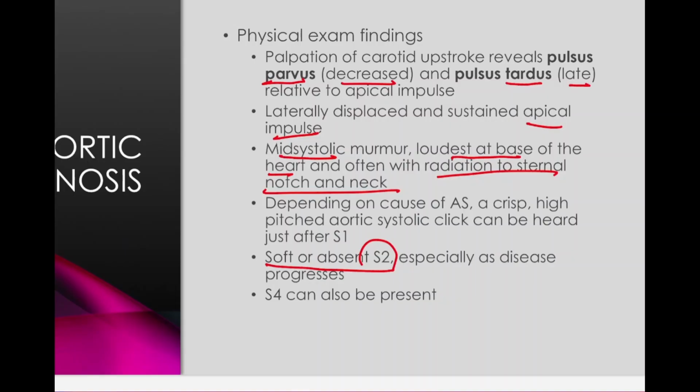So now, you hear how soft that is? S2. Now, if they have aortic stenosis, because we're closer together, a quieter sound. And that's why S2 drops, because you're already stenotic. You're not all the way expanded, you're halfway, and it makes a quieter sound. That's why you have a soft or potentially absent S2 as this aortic stenosis gets worse and worse and worse.